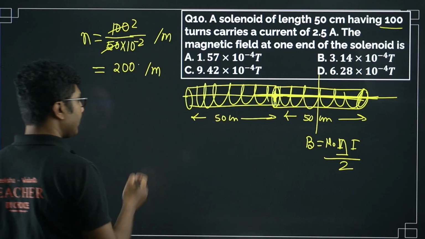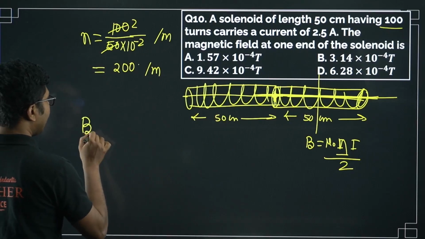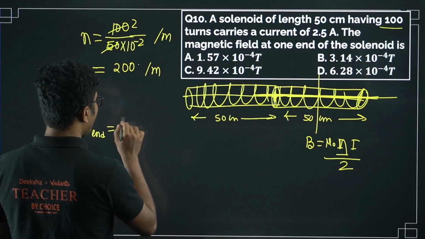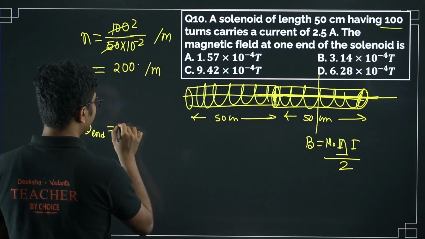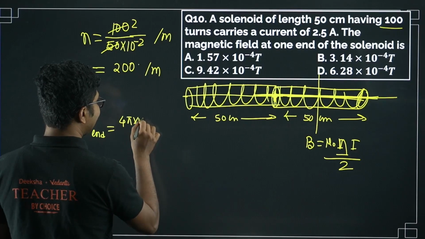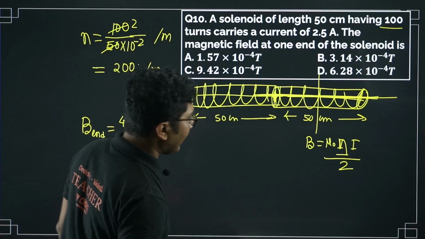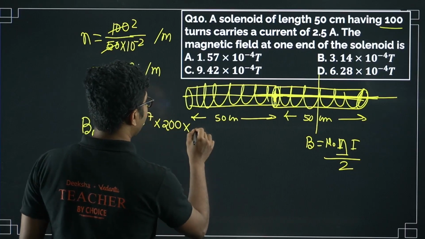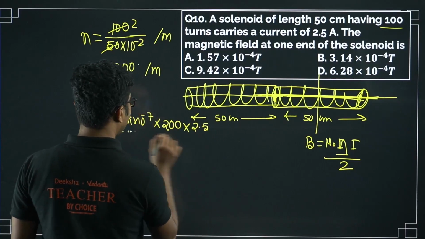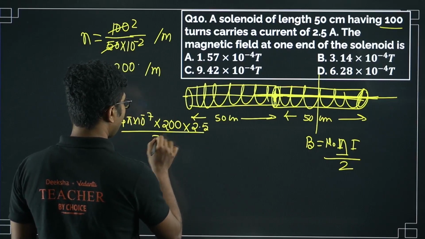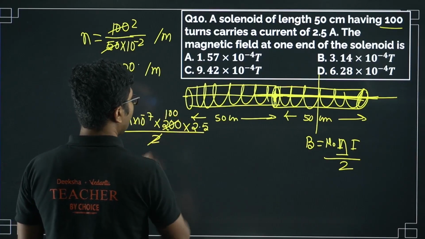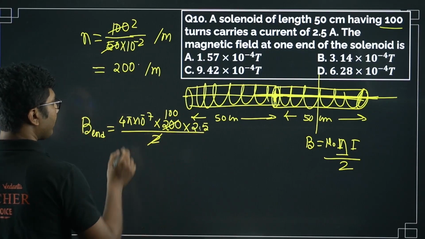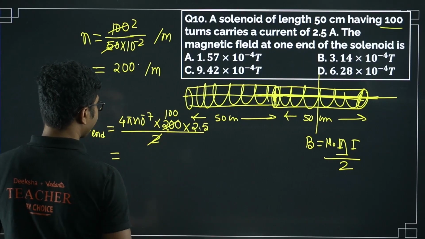Now you have to put it into the formula. So magnetic field on the end is basically mu naught n I by 2. Mu naught is 4 pi into 10 to the power of minus 7. N is 200. Current I is 2.5 ampere, divided by 2. This is very, very important. 2.5 into 4 is 10.